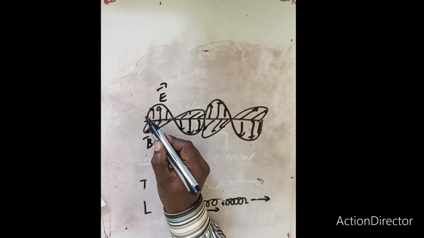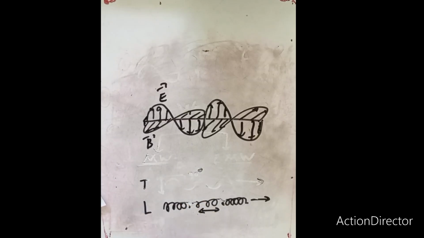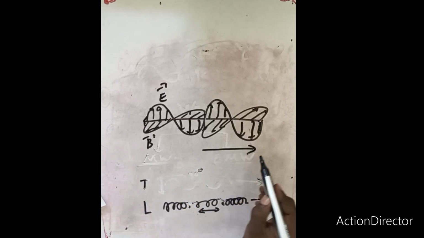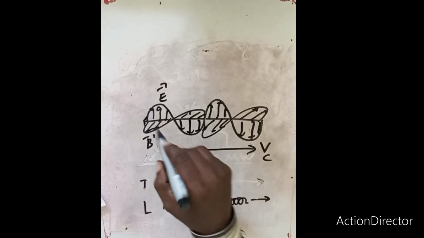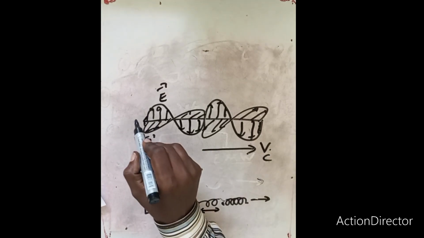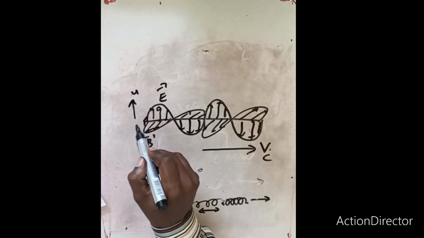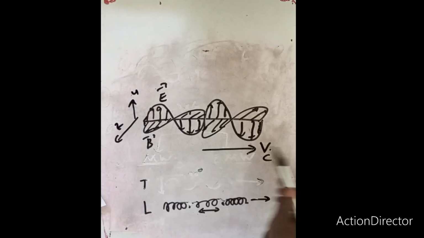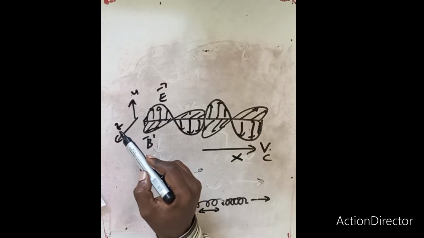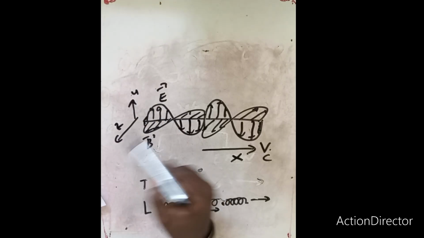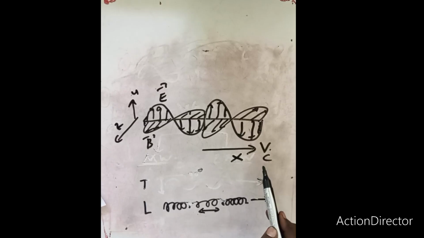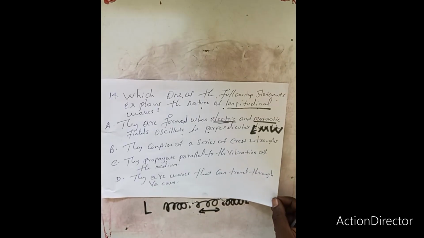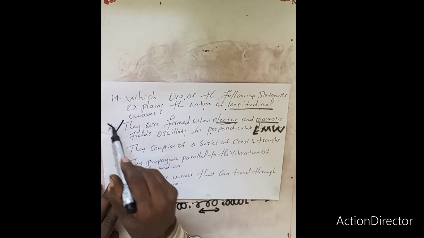So they are perpendicular to each other. This is the direction of propagation with a certain v, speed of light in most cases, and vibration is perpendicular to this one. One maybe in the y-axis, the other maybe in the z-axis, and propagation maybe in the x-axis. So electric field in the y and magnetic field oscillates in the z-axis and propagation in the x-axis. So all these are transversal wave. Therefore, A is not the answer.